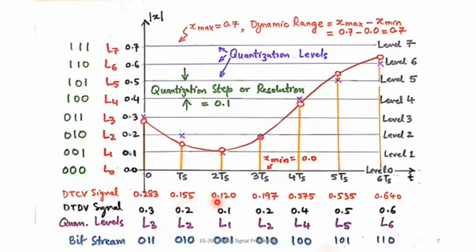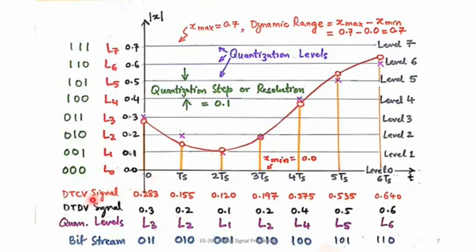The third sample is taken at 2 times Ts and the value is 0.120. The fourth is taken at 3 times Ts and its value is 0.197. The fifth value is taken at 4 times Ts, and then the sixth at 5 times Ts, and so on. This process goes on, and this row represents the values of the sampled signal x[n] in a continuous valued mode. So these values have not yet been quantized.